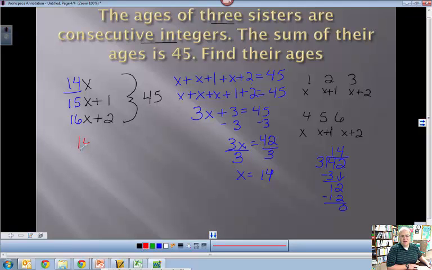I'm going to have 14 plus 15, which is 29, plus 16, that's 15, carry my 1, and I get 45. Okay, so all this works. So the ages of the sisters are 14, 15, 16, and their sum then is 45.